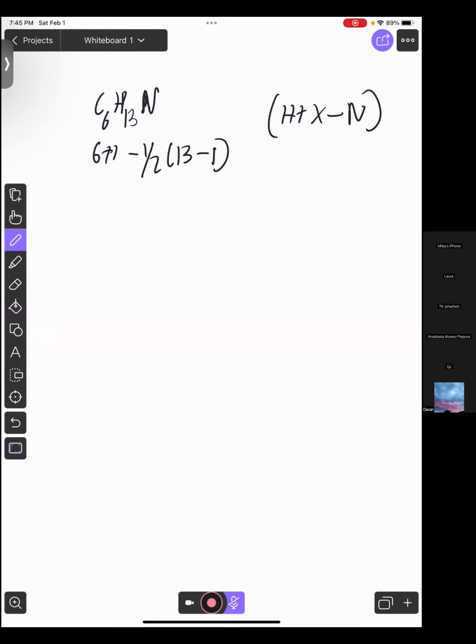Be very careful. A lot of times people add the nitrogens, and if you do that, then you're honestly going to make an error. So this would be 7 minus half of 12, which is a degree of unsaturation of 1. So this means you can draw 1 ring or you can draw 1 double bond, whatever you prefer. It's up to you.